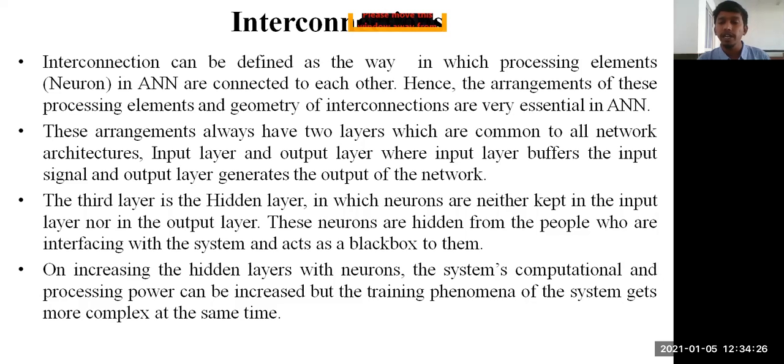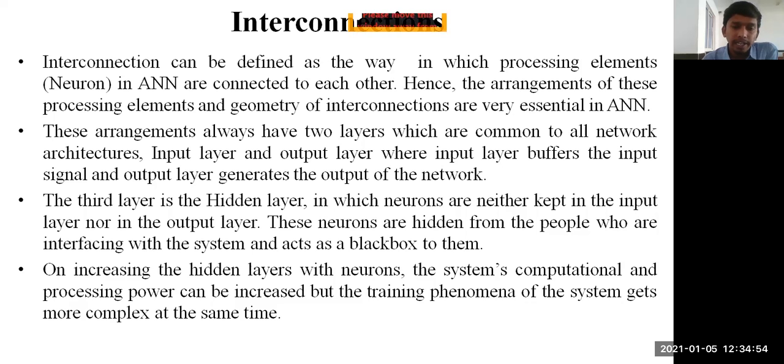These neurons are hidden from the people interfacing with the system, and they act as a black box to them, so they will not be visible to anybody. That's why it is called a hidden layer. Okay, so as I said, a multi-layer perceptron can have many hidden layers. It can be one hidden layer or it can be many hidden layers.